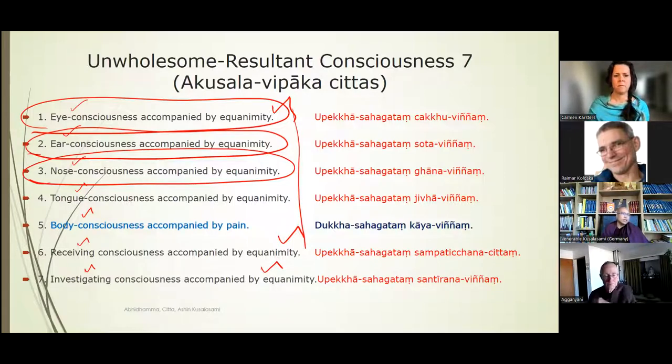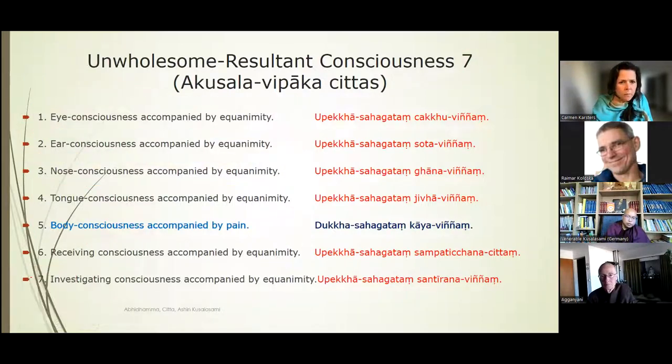If we say cetasikas, because of these 12 unwholesome consciousnesses, we have these 7 resultant consciousnesses. It's just a resultant. So, for example, if we hear something unpleasant and undesirable, it cannot stop here. It is a continuation.